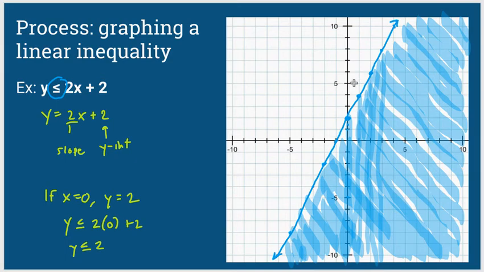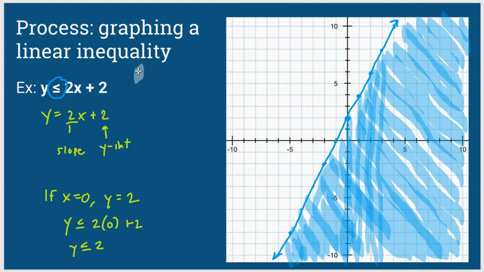Okay, so there's kind of a shortcut for figuring out which side of the line needs to be shaded in. And that shortcut is to use a test point. So what I'm going to look at is back over here where I'm thinking about my original problem. After I graph the line, I figure out where the line needs to go, and I decide that it's either going to be, I guess I should mention here, in this case it was a solid line because we had y as less than or equal to 2x plus 1.